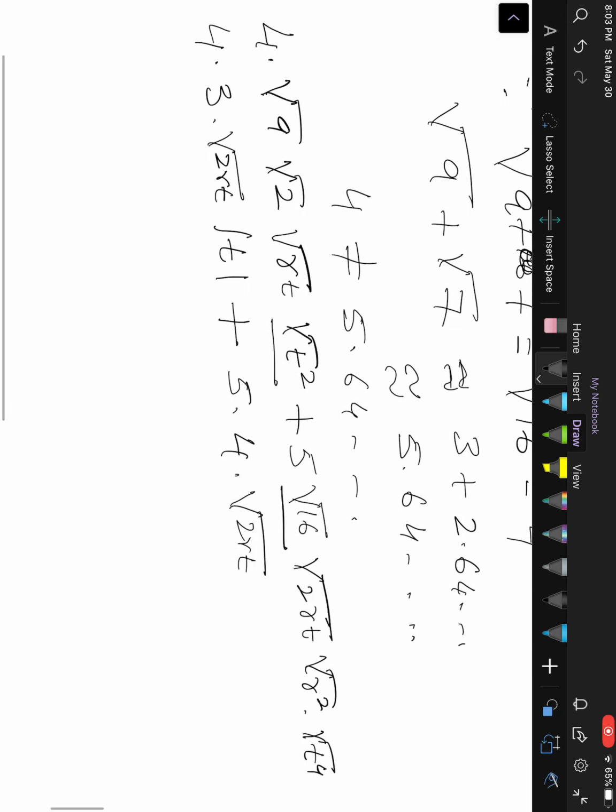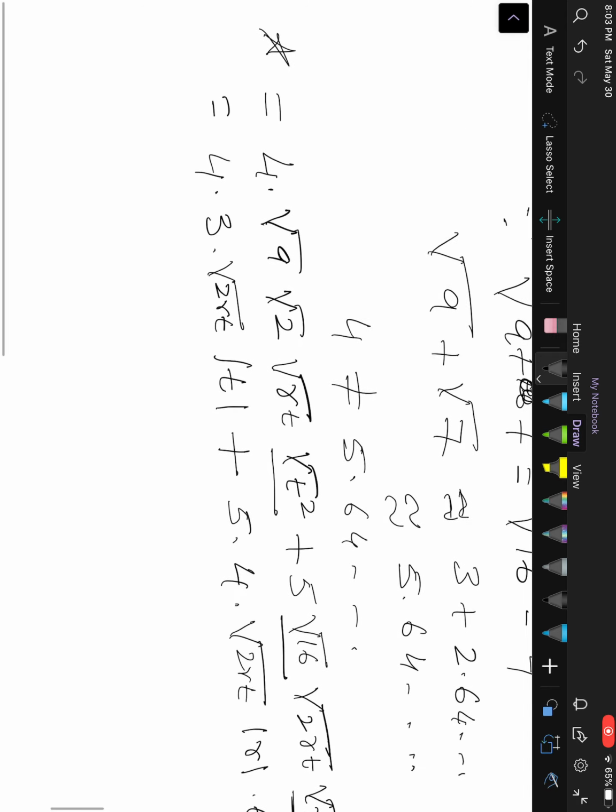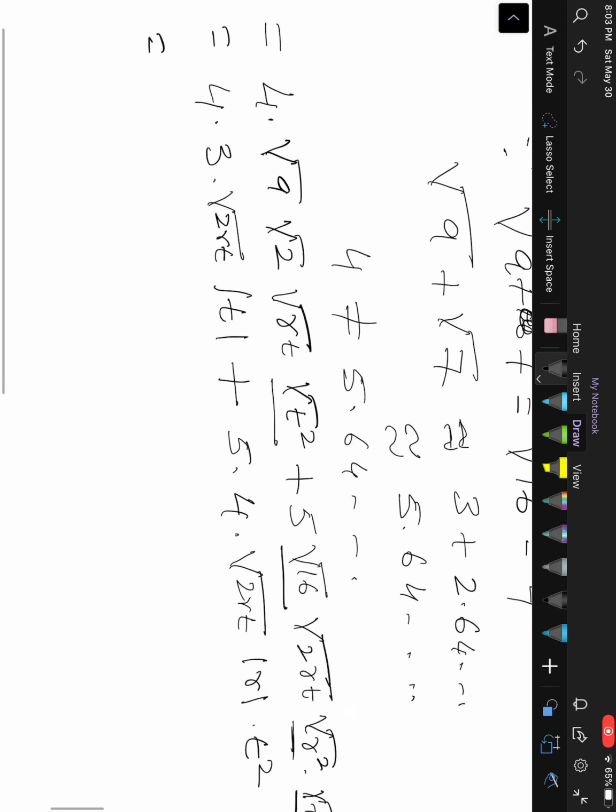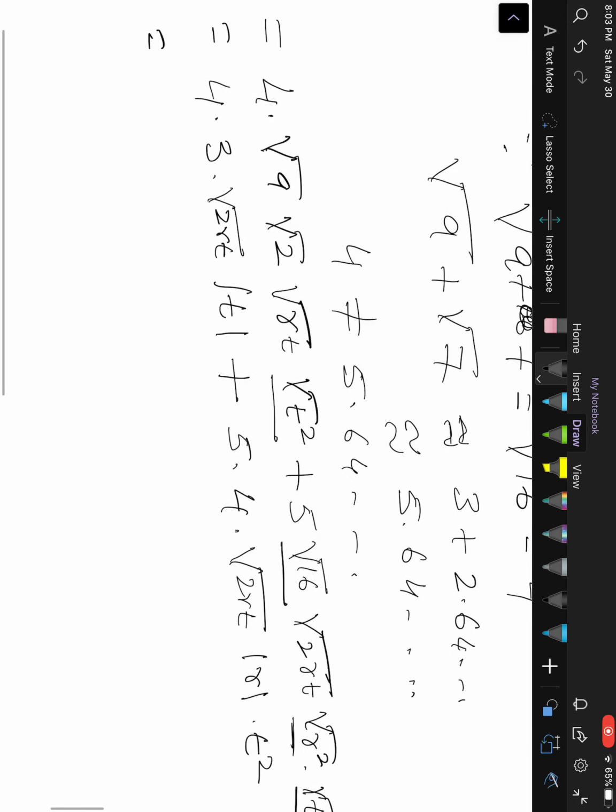You retain it as it is, and this is a perfect square. Again, we do not know whether r is positive, but we know that n is even. So this would be the absolute value of r times t square, since this is a perfect square. So let us simplify it.